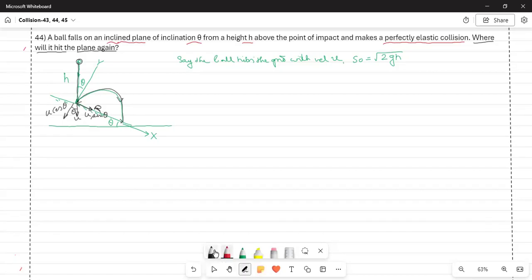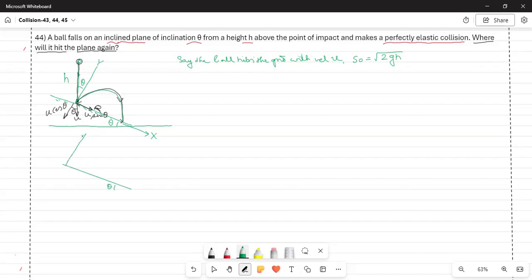Therefore, when the ball rebounds, let us draw this diagram once again. This is the inclined plane with an angle theta.